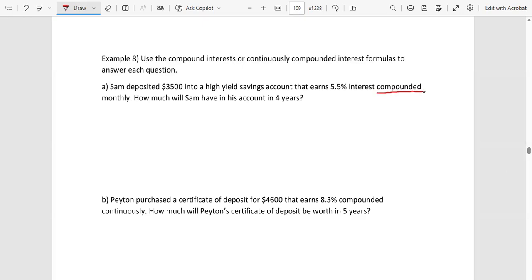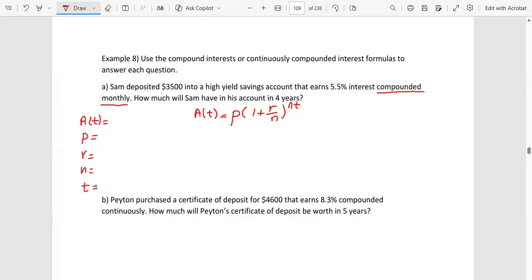Compounded monthly tells me that I have to use the compound interest formula. That means this formula. And I need to find this information to use for the formula: R, N, and T.